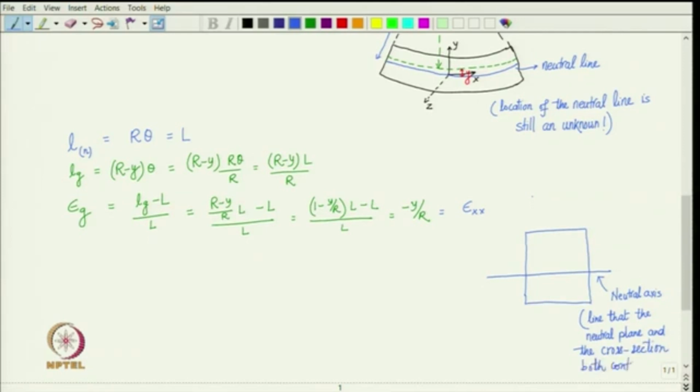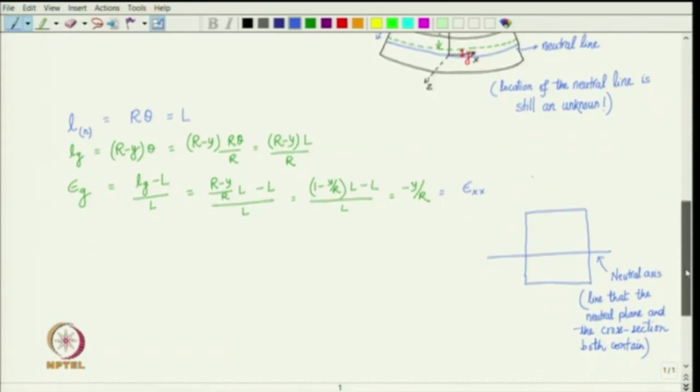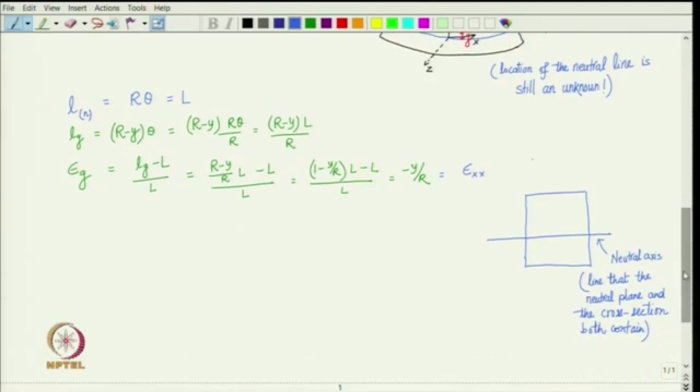So, it is common to both of them. And then we had any green line here which was at a distance y from the neutral axis, and remember that we also had the coordinate system.